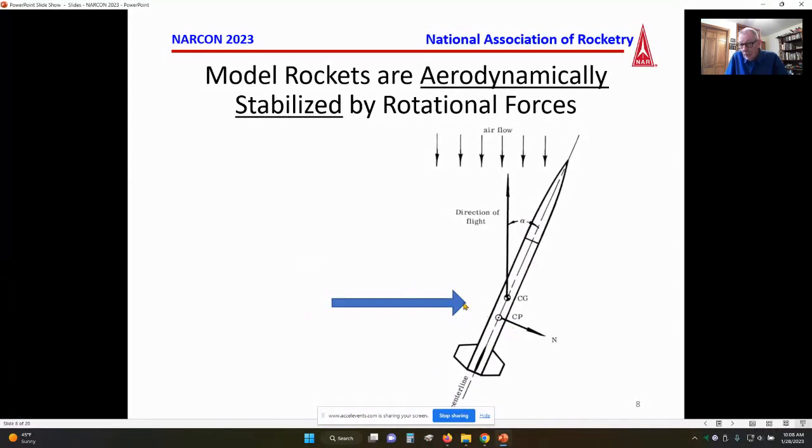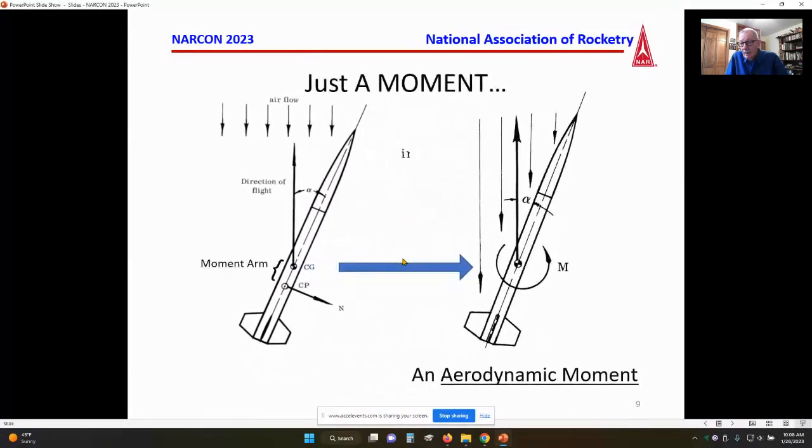Rotational force on a rocket comes about because there is air pressure on the side of the rocket when it's at an angle of attack. And that produces a normal force. And that normal force then becomes a moment because of the moment arm between the center of gravity and the center of pressure, that's the CP, that little circle there.